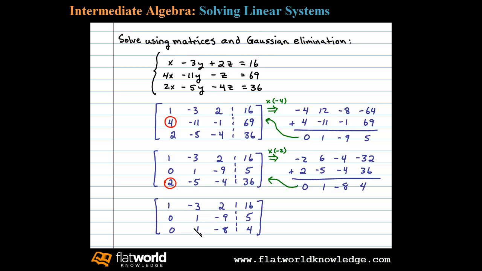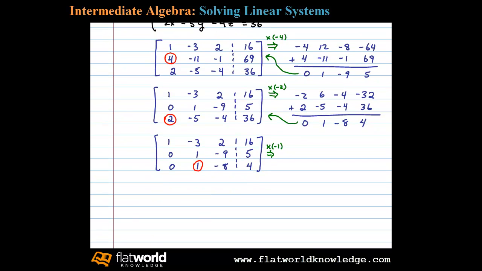Now finally, we need to replace the second element of the third row here with a 0, and to do that, we can multiply the second row here by -1. Doing that, we get 0, -1, 9, and -5.